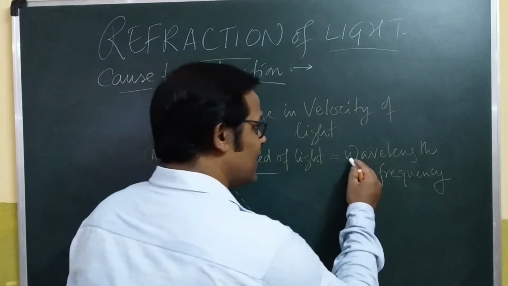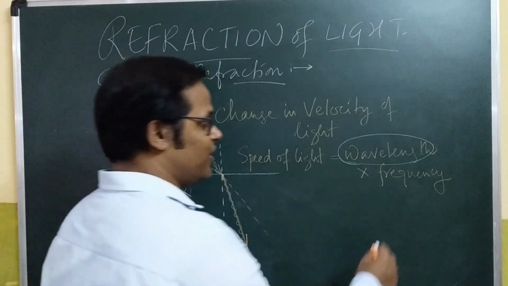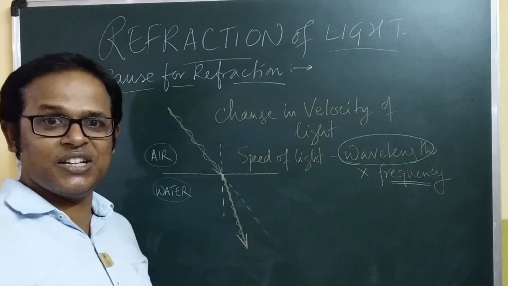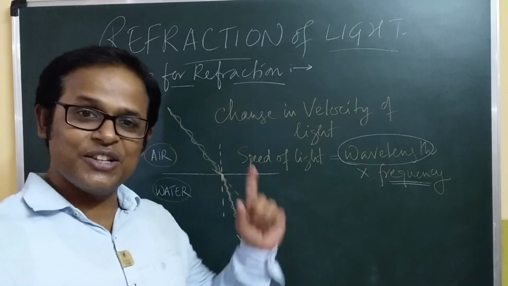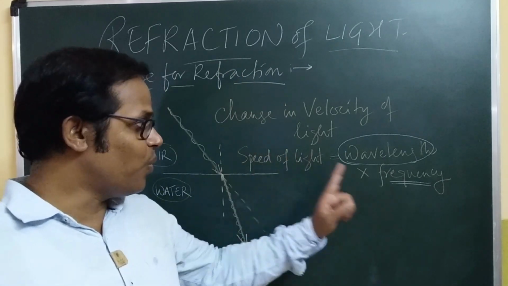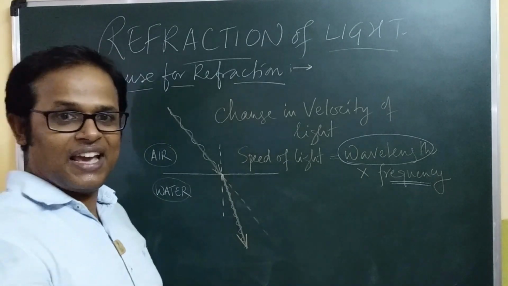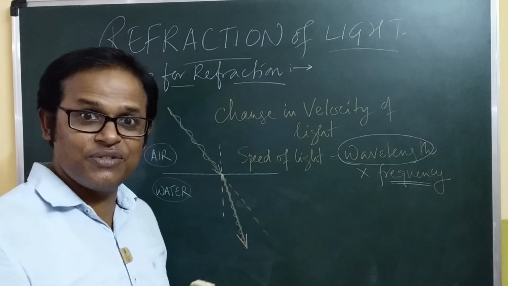I mean to say, this factor changes, not the frequency. Frequency is the character given to the radiation by the source of production itself. The source of light decides what should be the frequency of the radiation, but the wavelength can change as the light travels through different mediums.